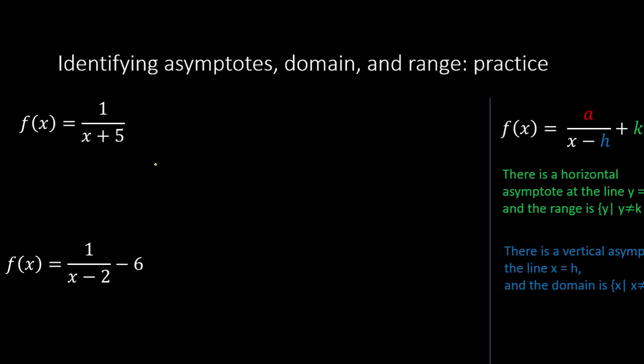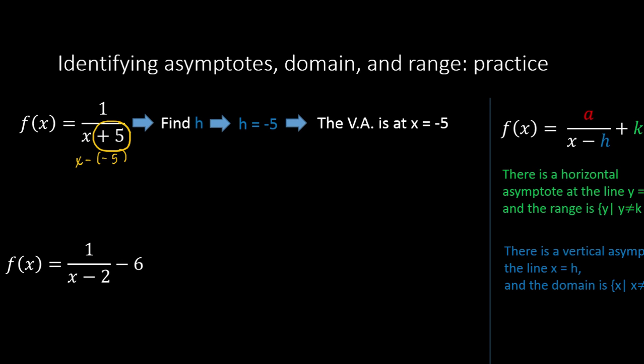For example, notice that I've got a plus 5 in my denominator. That means that h, if I rewrite this as a subtraction, it's easy to see that h equals negative 5. Remember, there's a vertical asymptote at the line x equals h, meaning if h equals negative 5, x equals negative 5 is going to give us a vertical asymptote.